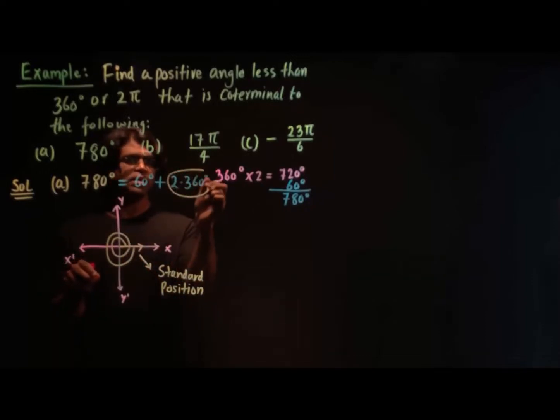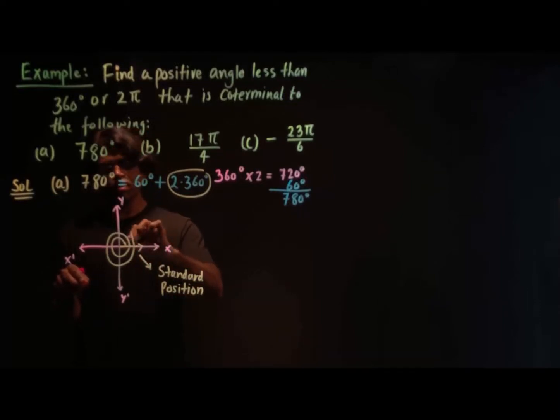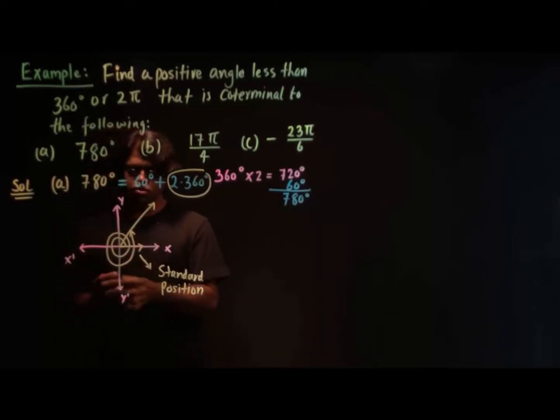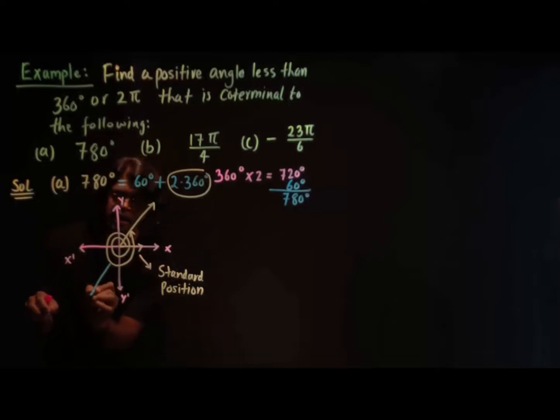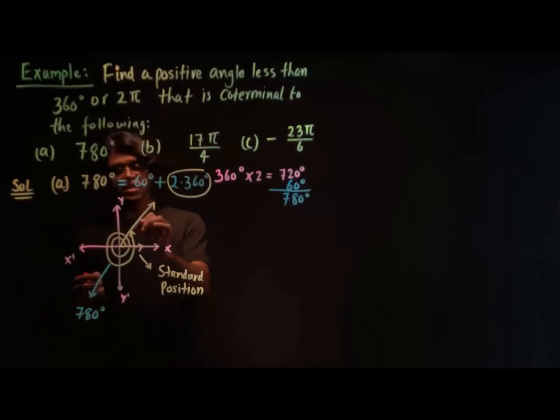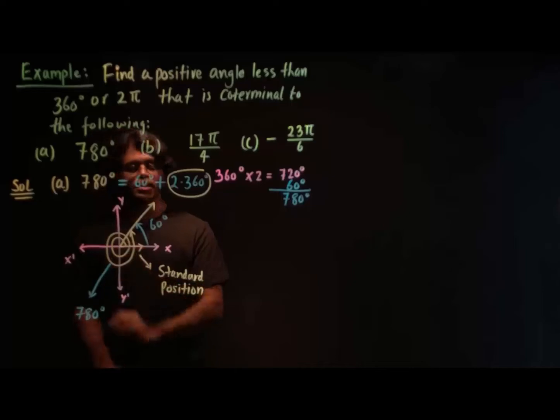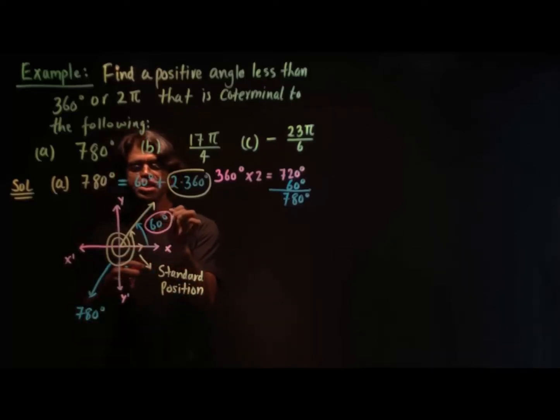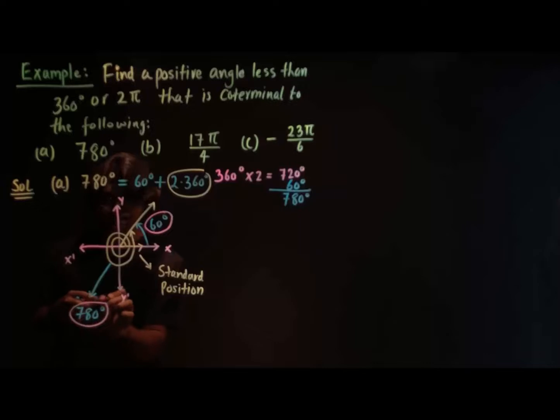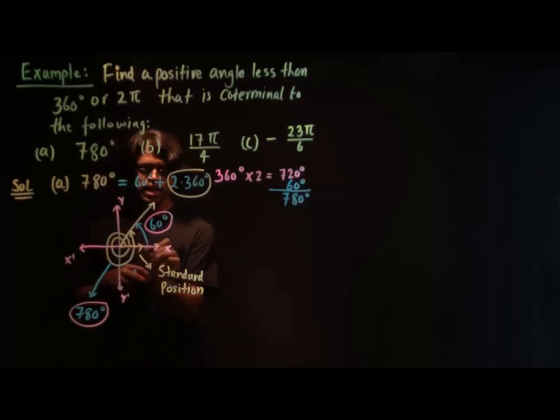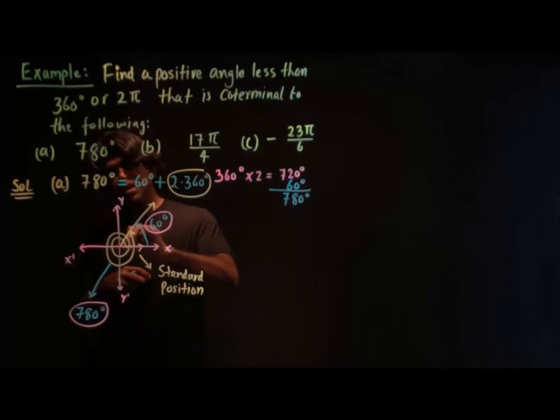This part right here. But we need to go 60 degrees more. So let's go 60 degrees more, which is basically this angle. So the value of this overall angle is 780 degrees. But this angle right here is 60 degrees. As you can see, 60 degrees and 780 degrees share the same initial side and same terminal side.